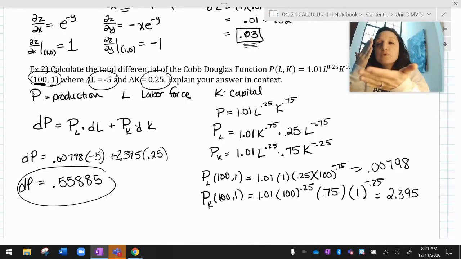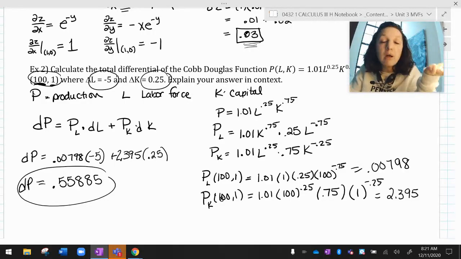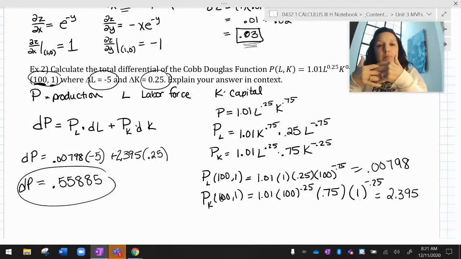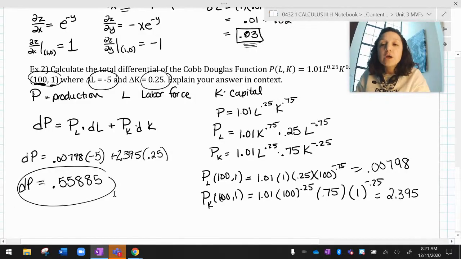It means if you start with 100 workers and let's say $1 million in capital, you have a certain production level. If you decrease your labor force by 5 people and then add $250,000 back into the pool, you can expect your production to go up by 0.55885.